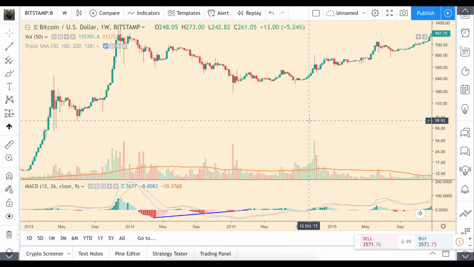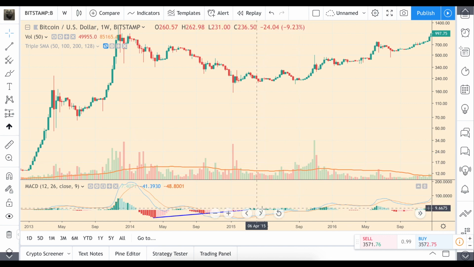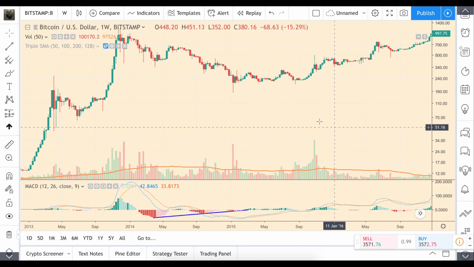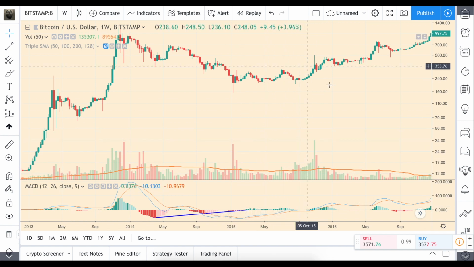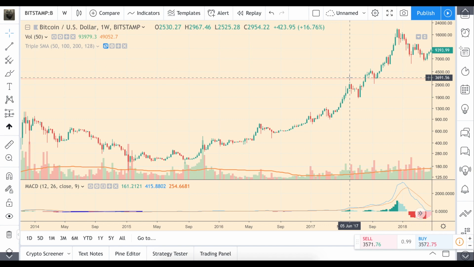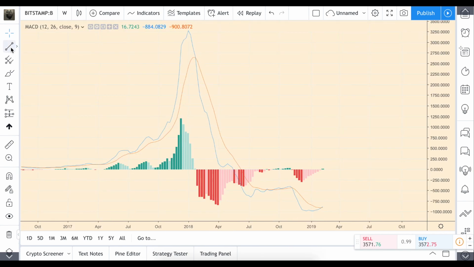After that, you saw that the MACD was becoming pretty bullish, more bullish at least than before, and eventually it reflected with the price going up. At some point you can see something similar happening right now.